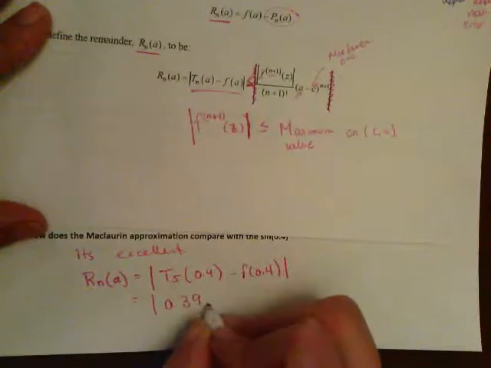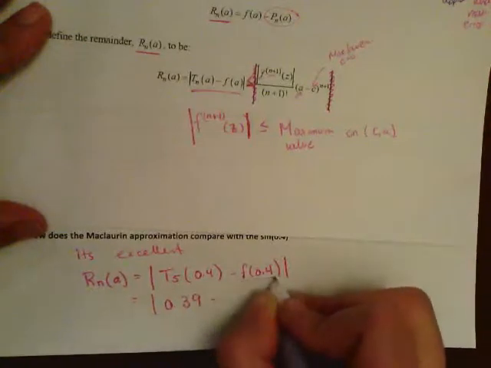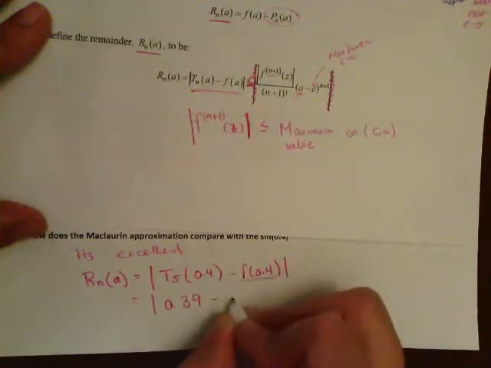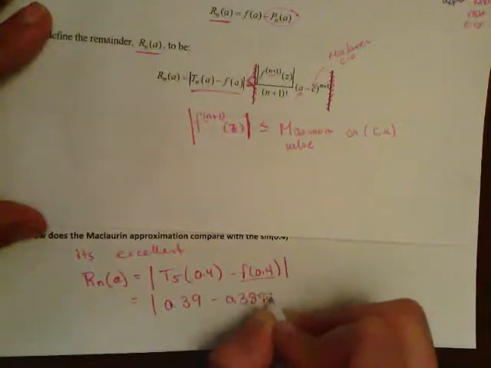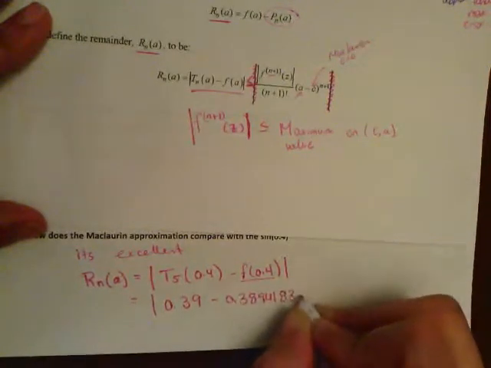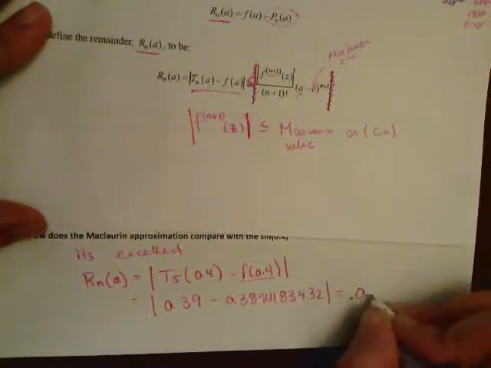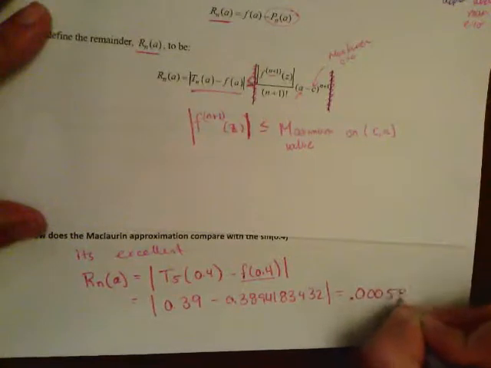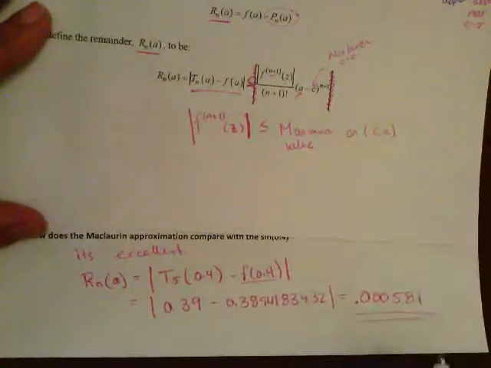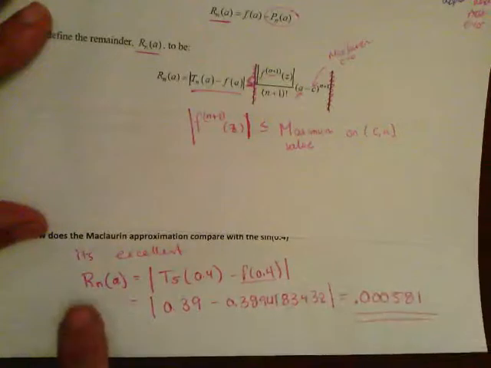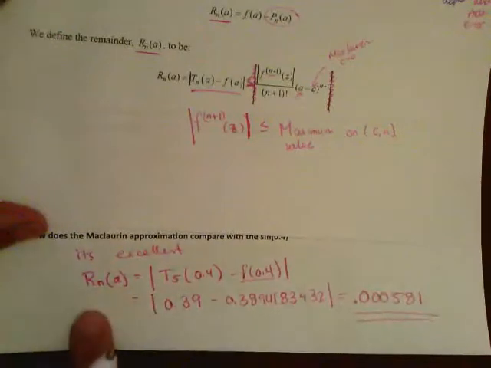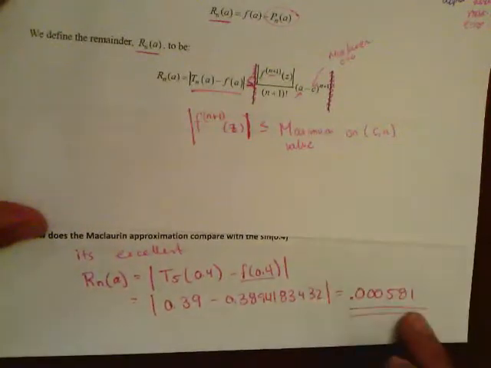So what did we get from our first answer? From our Taylor polynomial it was 0.39. From our actual function we got 0.38941834432. Subtract that, you get 0.000581. So that is our remainder, aka our error.